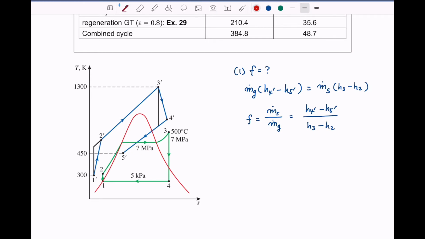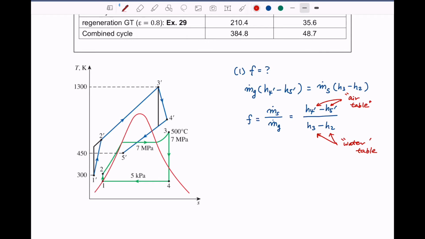Now this H4 prime and H5 prime can be found from the air table. So please study and practice more on getting those values by using the table of ideal gas air from the table at the back of your textbook, and that is quite important for now. And also H3 and H2 can be found from the water table.